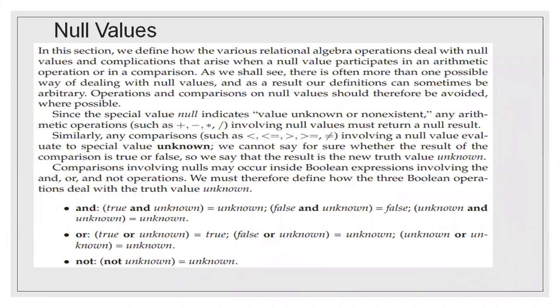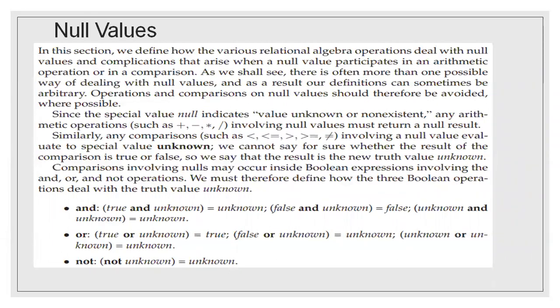In this section, we see how various relational algebra operations deal with null values and complications. You have already learned this in the subject DBMS, so see how to treat null values. We know a null value is unknown or non-existing. Arithmetic operations such as plus, minus, divide, multiply involving null values must return a null result.